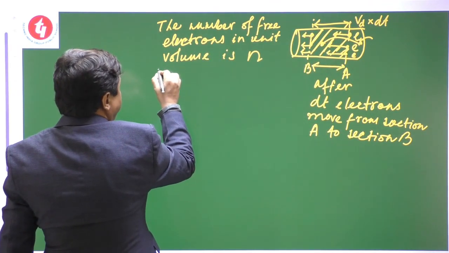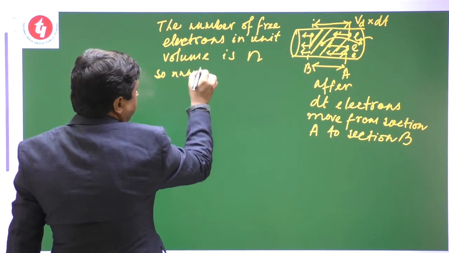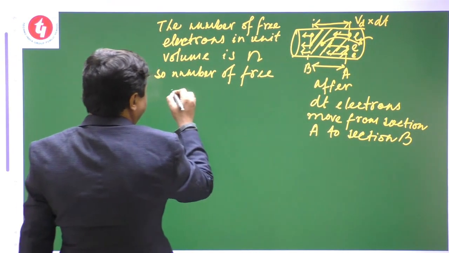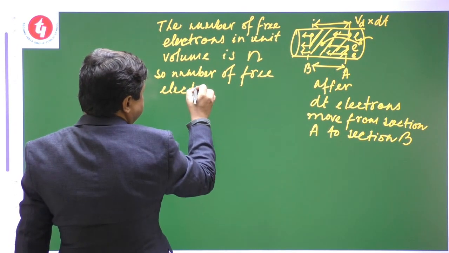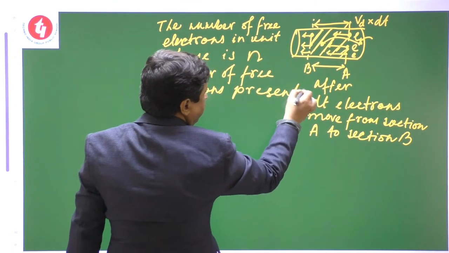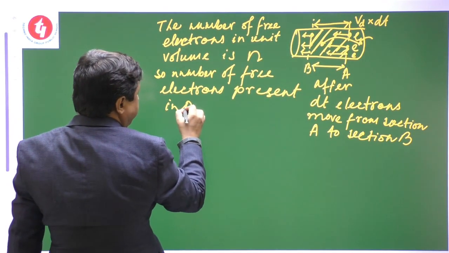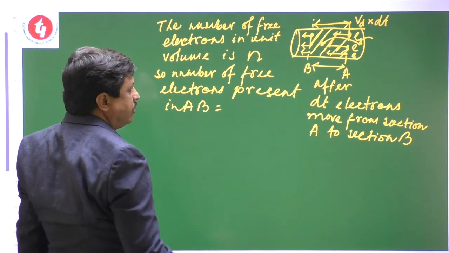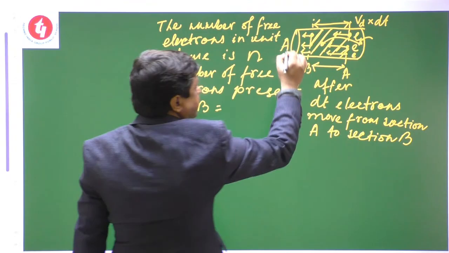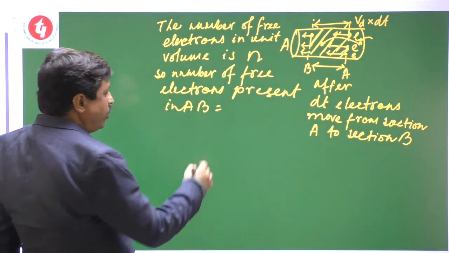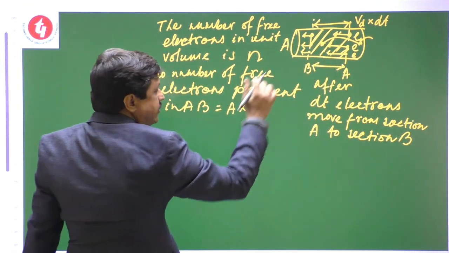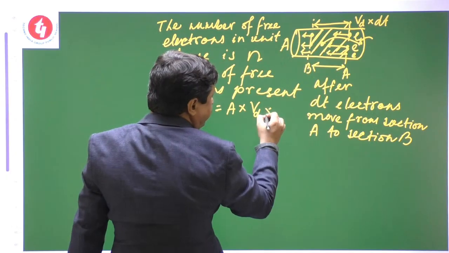The number of free electrons present in the AB section will be this. What is this volume? Say the area of cross section is A. So volume will be A into the distance between A and B, that is Vd into dt, so A into Vd into dt.